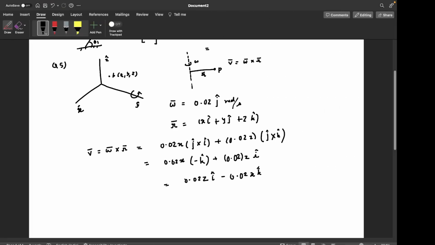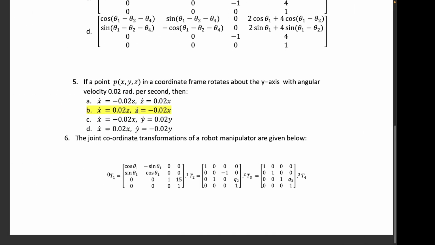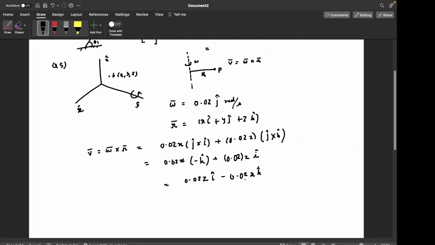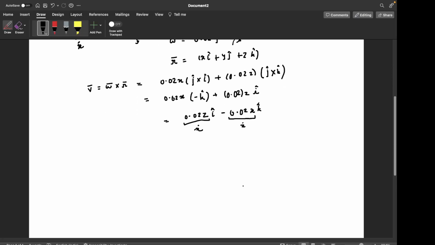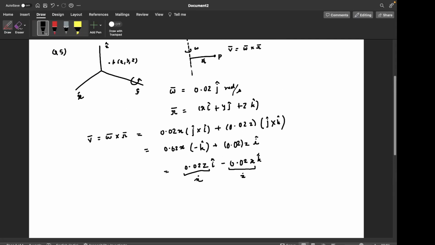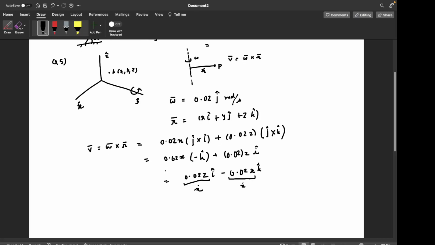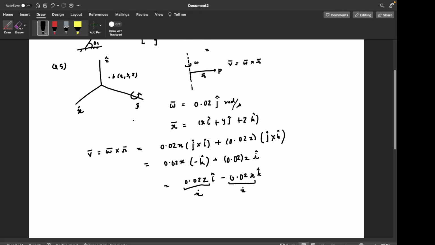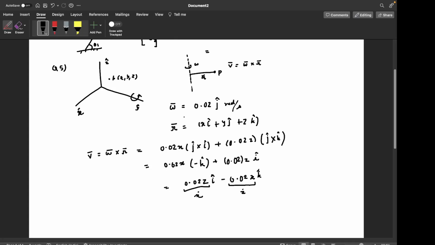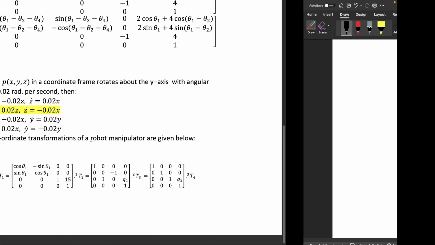So x dot is 0.02 z, and z dot is minus 0.02 x. So again, using basic concepts of cross multiplication and the relation between angular velocity and linear velocity, we can get the result.